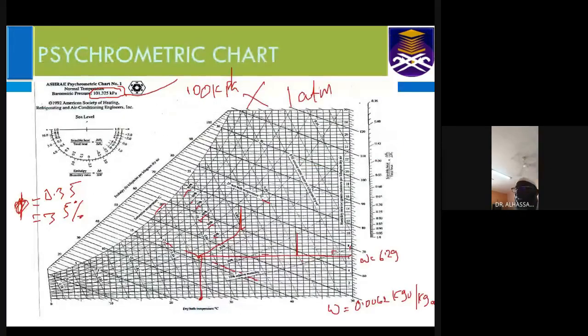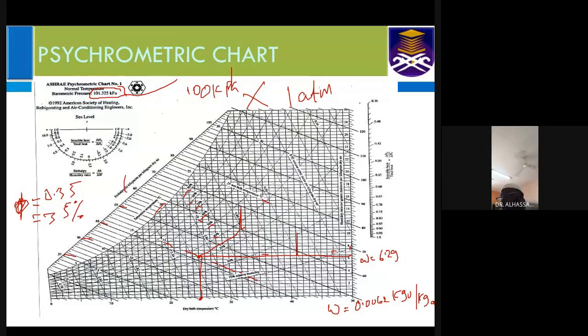So now let's see, where do we have enthalpy? This is the enthalpy. So the enthalpy is this. These are lines of constant enthalpy. Okay. So we have, this is 20, 30, 40, 50, and so on and so forth.